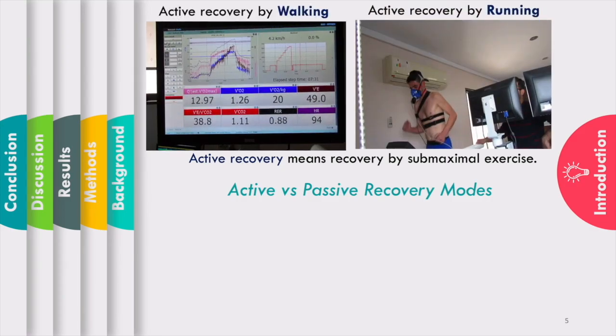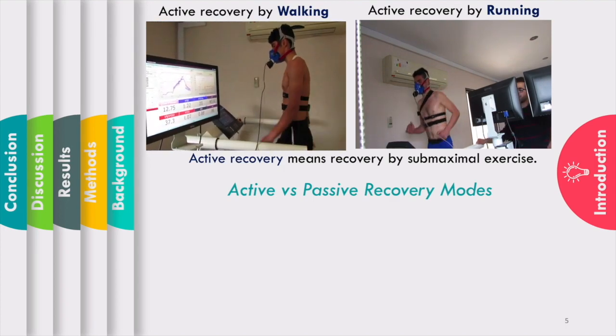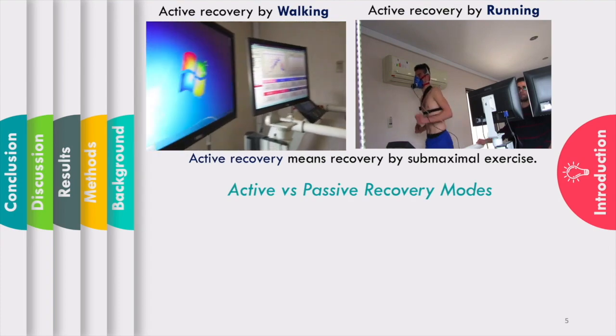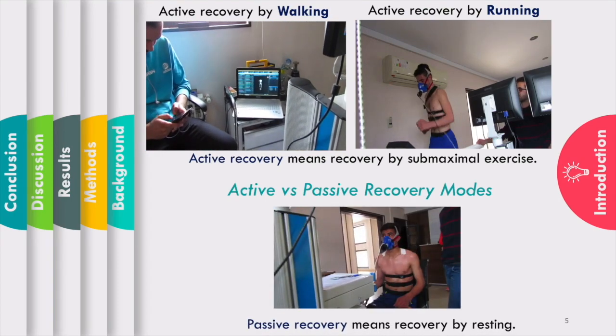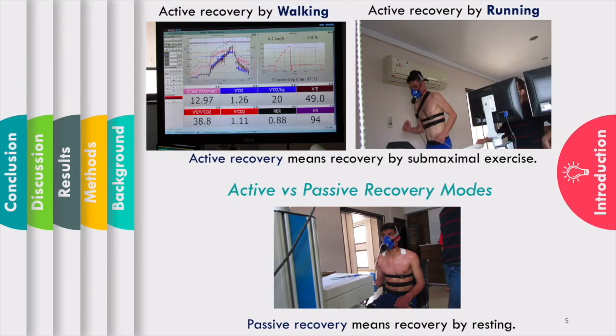We use walking at preferred walking speed and running at individual ventilation threshold as the two active recovery modes. Another recovery mode that we use is passive recovery, which means recovery by resting. We compare these three recovery modes to recognize which is better to recover soccer players after the VO2max test.